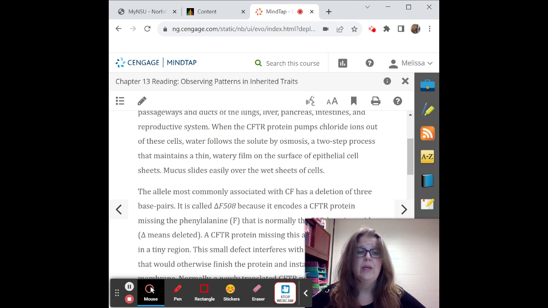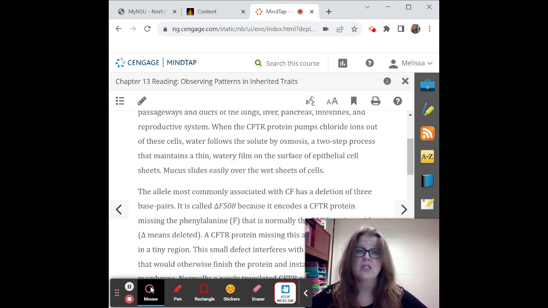So we can have a few problems actually arise from this. And one of the major ones is actually in the lungs. So because the mucus accumulates, it causes breathing problems. If you've ever had any like maybe bronchitis or hopefully not pneumonia, but if you have and you've had a buildup of mucus, you kind of have an idea of what's going on here.